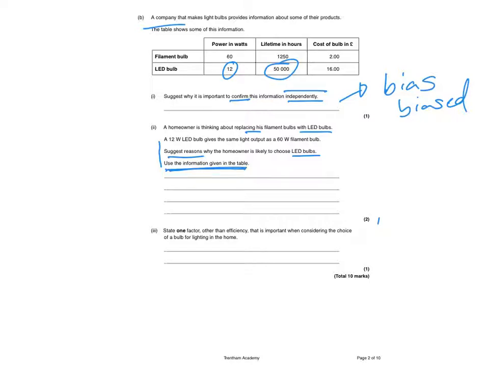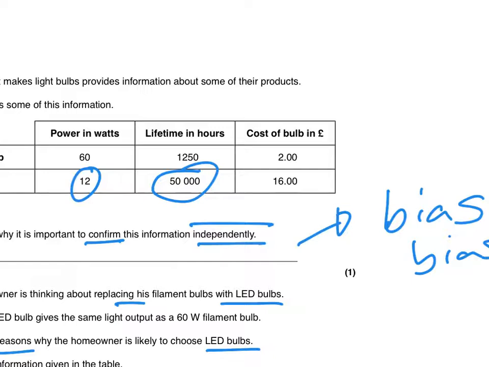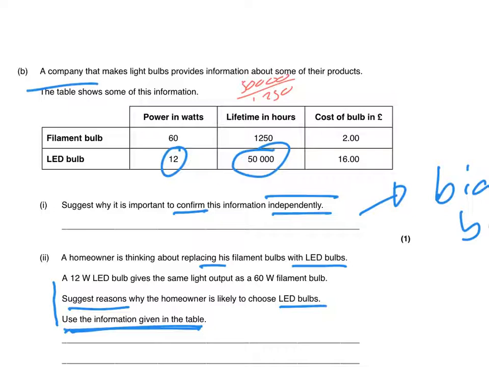Now, using the information, if we look at the lifetime here, you do 50,000 divided by 1,250, or you ask yourself the question, well, that LED bulb lasts a long time. How many filament bulbs would I have to buy to get the equivalent amount of light time? Well, you do that calculation, 50,000 divided by 1,250, and you would realise you'd have to have 40 bulbs.